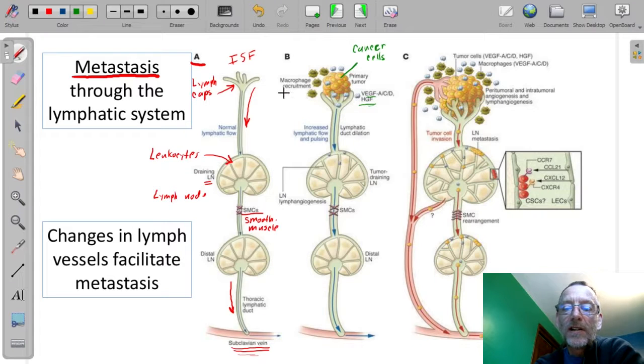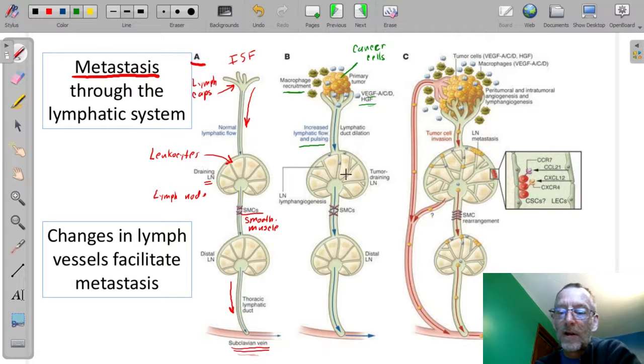And the other players here are macrophages. So they're recruited to the site. There's trouble in the area. Macrophages are recruited in part by the chemicals that are released from these cells. But the point of the figure is that the lymphatic system is modified. So it increases the lymphatic flow through this lymphatic system.